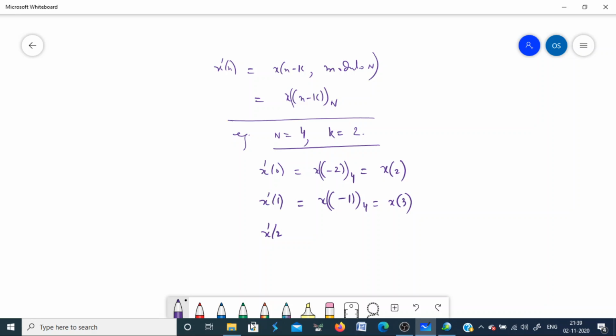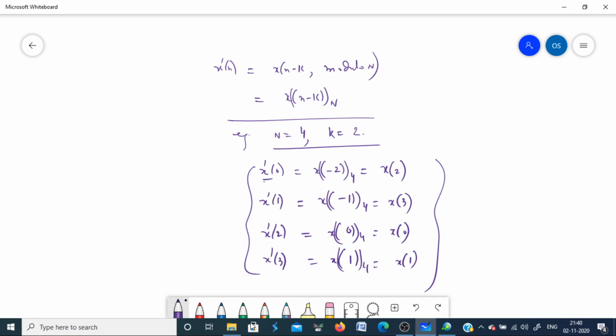And similarly x dash 2, which is x of 0 modulo 4, it is x of 0, and x dash 3 will be x of 1 modulo 4, that is equal to x of 1.